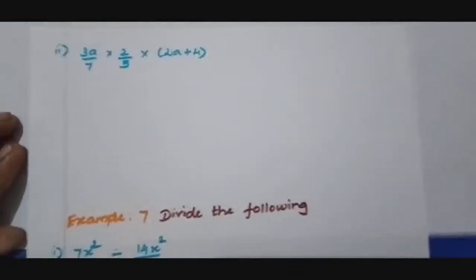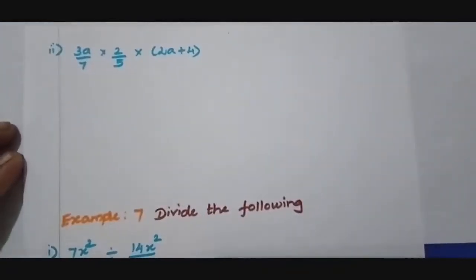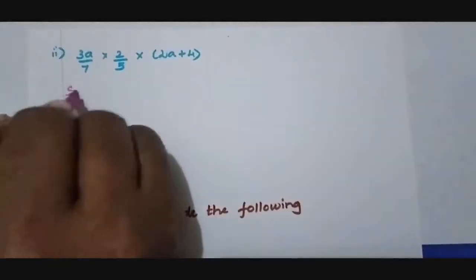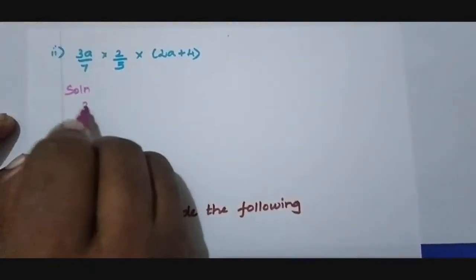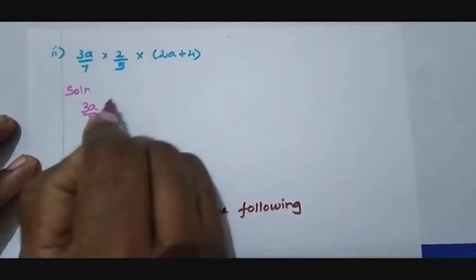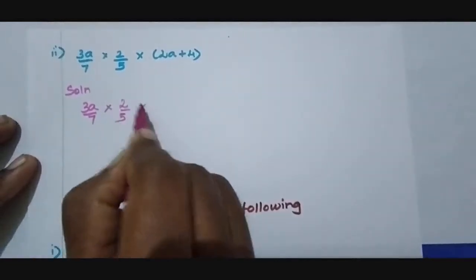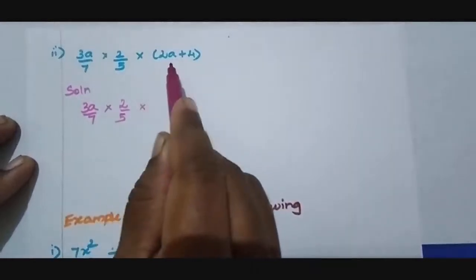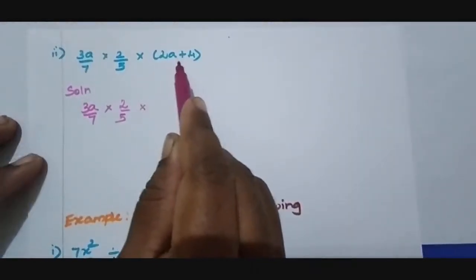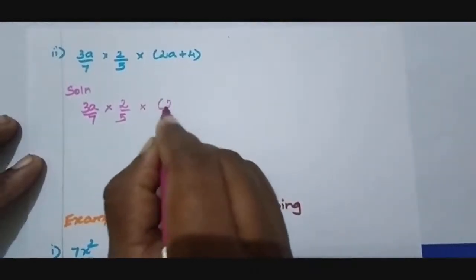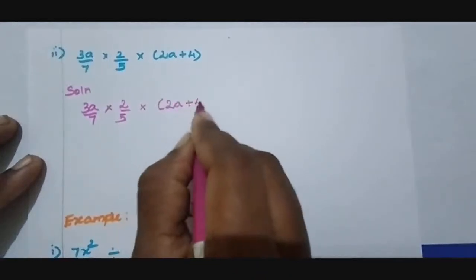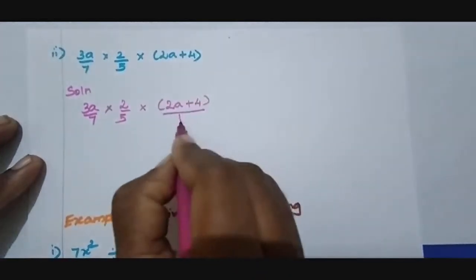Second question. 3a by 7 into 2 by 5 into 2a plus 4. So what's the denominator of the third term? Yes, if the denominator is not given in the question, you can assume that one as 1.